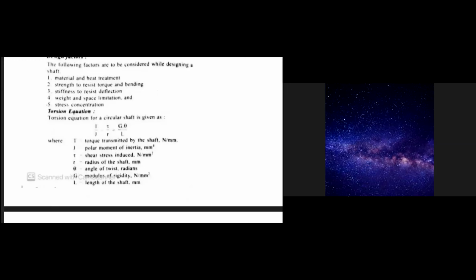And we have to calculate the size of the shaft by considering its torsion forces, bending forces, a combination of torsion and bending, and a combination of torsion with axial and compressive forces. But in our syllabus we have only torsion. So we have to design the shaft by considering torsion only. So that is the torsion equation.